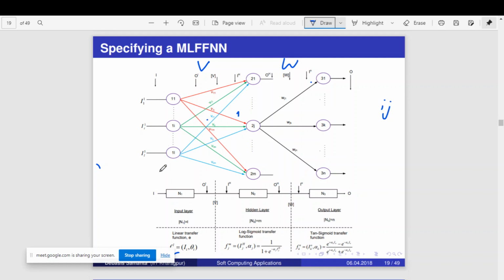So there are totally L neurons in the input layer, M neurons in the hidden layer, and N neurons in the output layer.